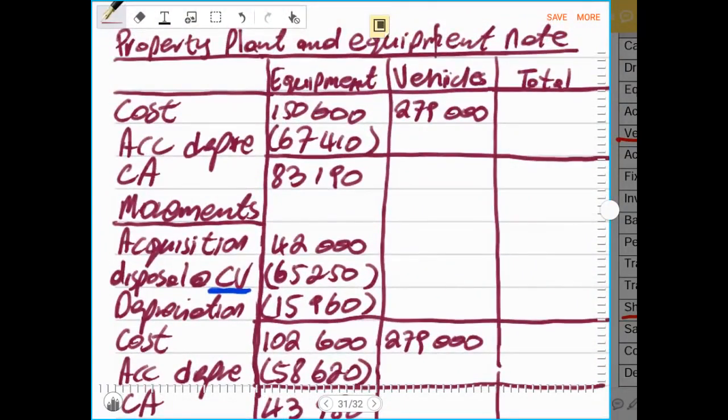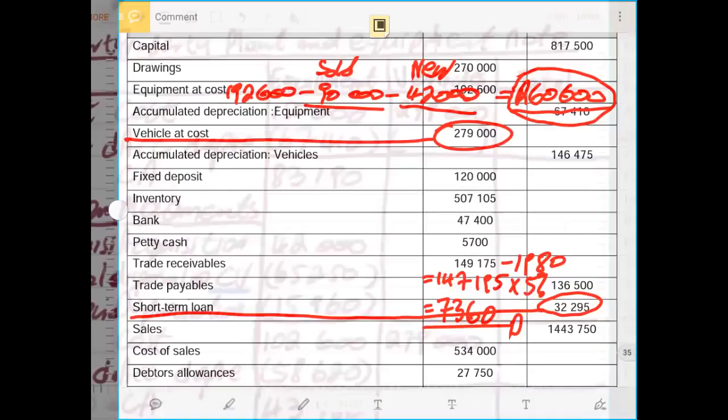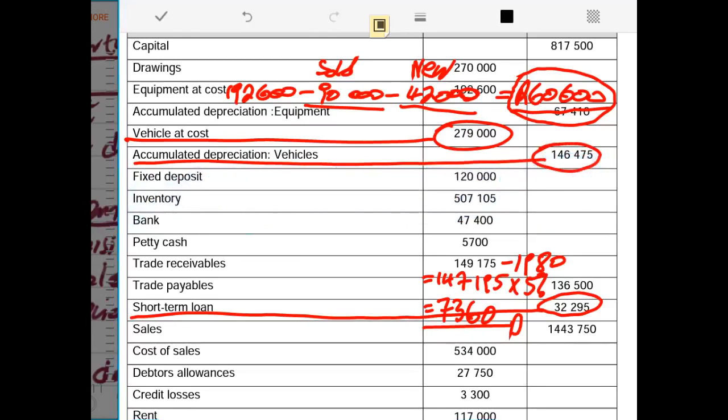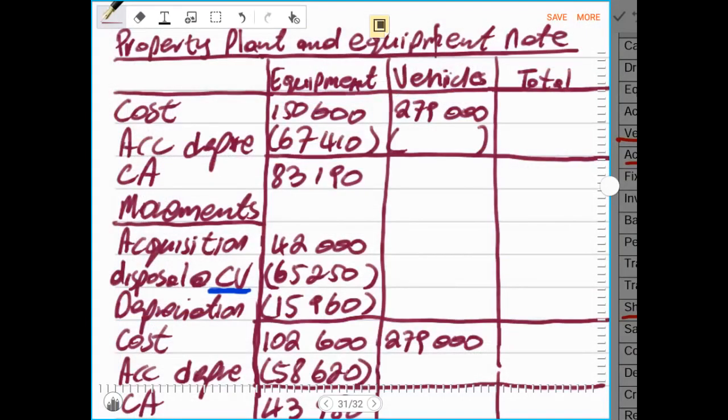of the asset. Opening accumulated depreciation is given in the trial balance, and the opening accumulated depreciation is 146,475. So now that is just the opening accumulated depreciation.